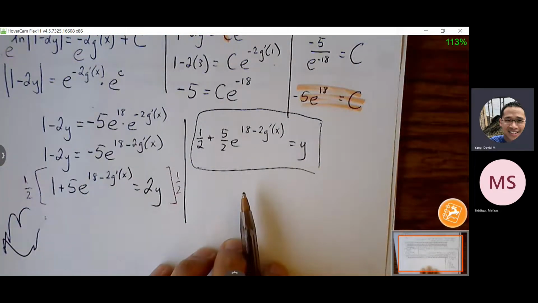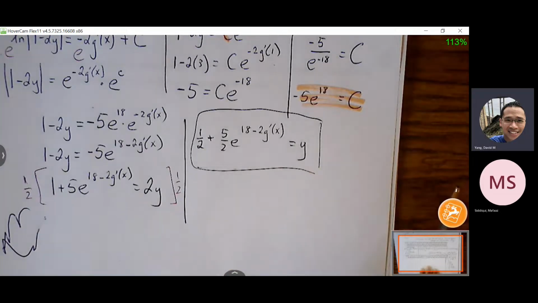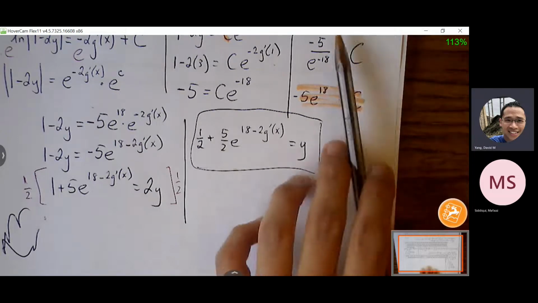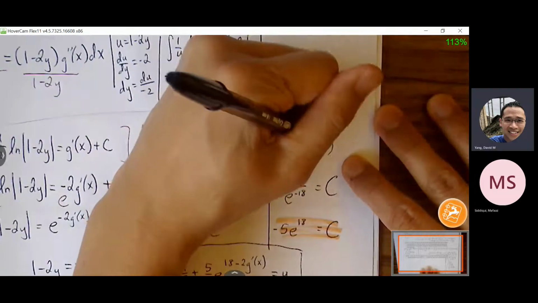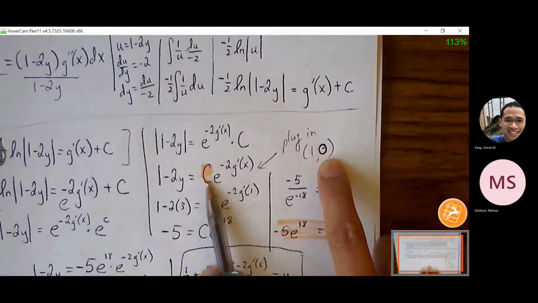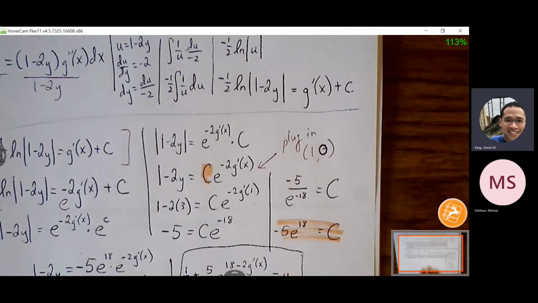And then use the... oh, I'm sorry, I plugged in the wrong value here. I should have plugged in 1, 0. I don't know why I plugged in 3. Sorry, this should have been the 1, 0. My bad. That threw things off here. So I plugged 1, 0 in.